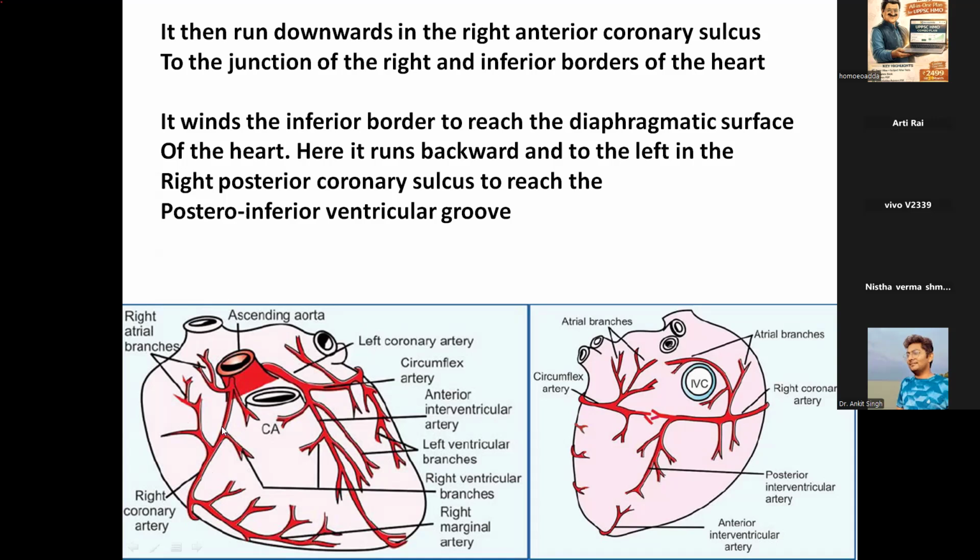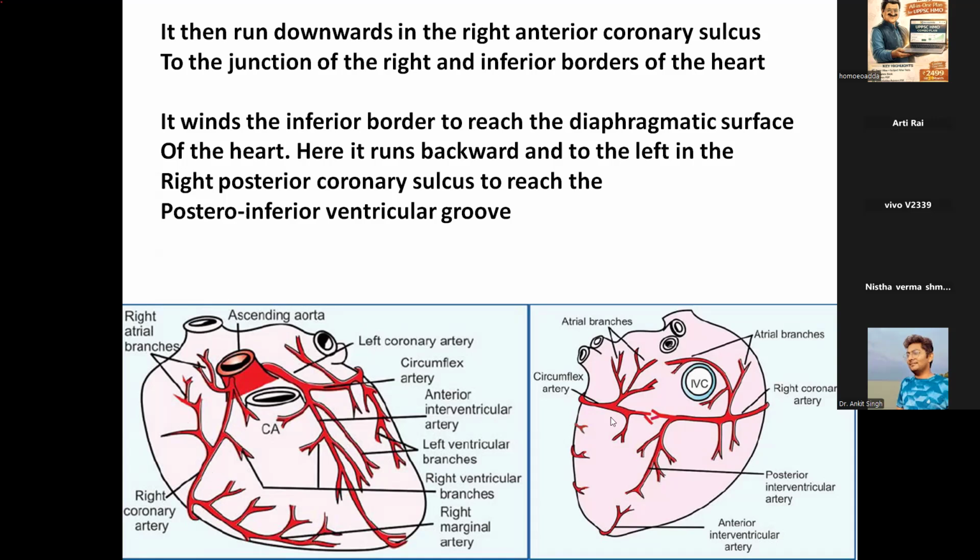Okay. So it winds around the inferior border to reach the diaphragmatic surface. You see, ये यहाँ पर आती है. It reaches up to the inferior border और inferior border से फिर वो आ जाती है यहाँ पर. Now you see, here it runs backward and to the left in the right posterior coronary sulcus.